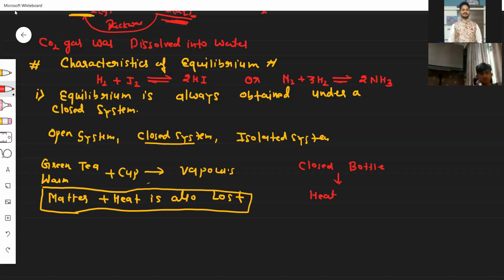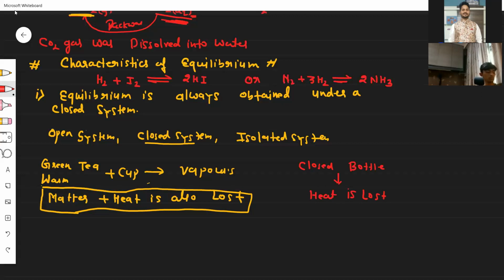If you keep water in any metallic glass, you will find initially the bottle was warm. After a few minutes you will find the glass is at normal room temperature. So do you think heat is going to be lost or intact? It will be lost. Heat is lost.